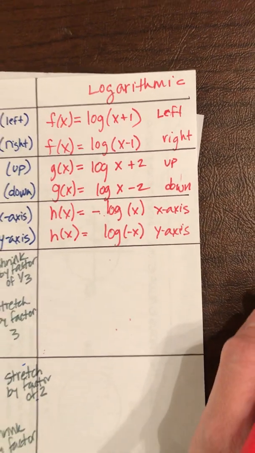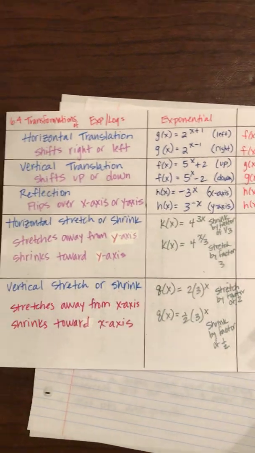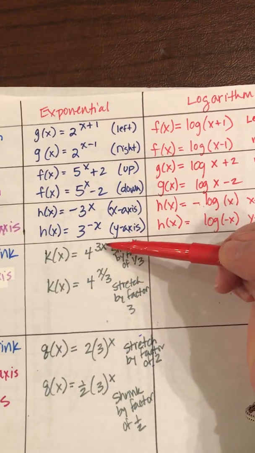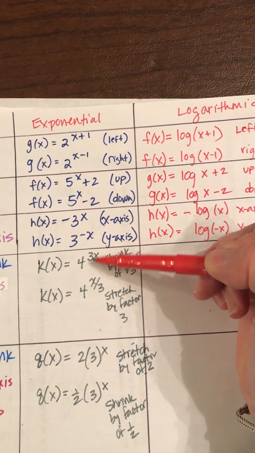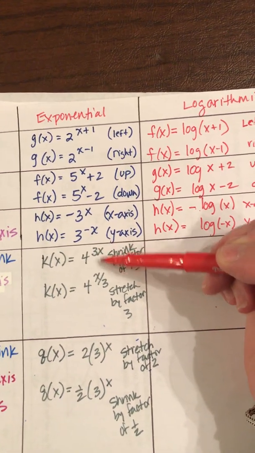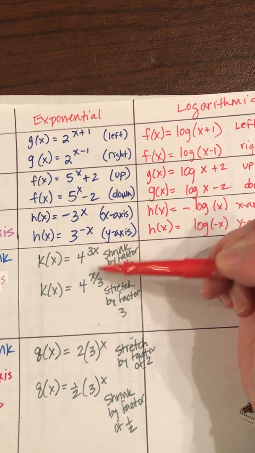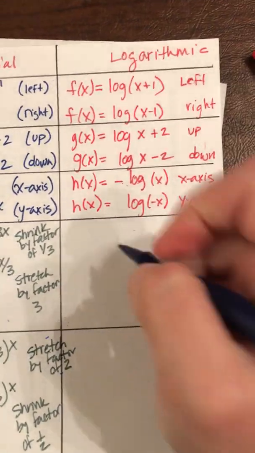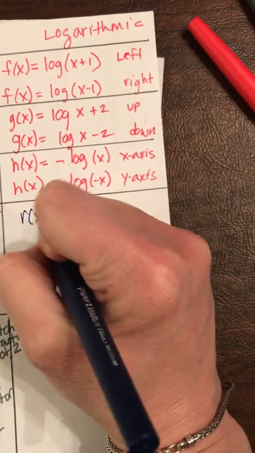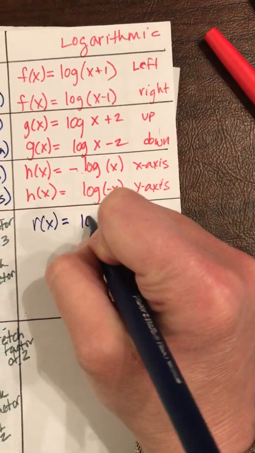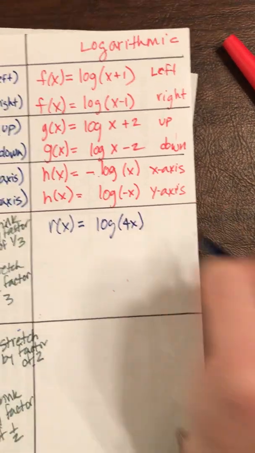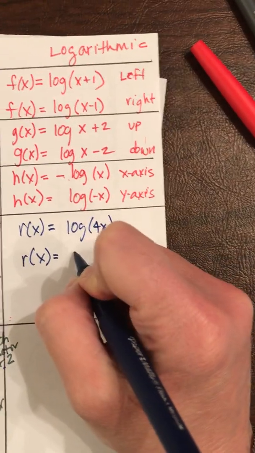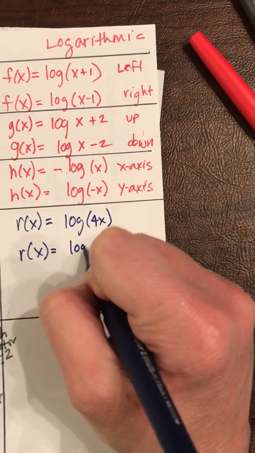So again, two different kinds of reflections, where the negative is out in front or the negative is attached to that x. All right, let's talk about horizontal stretches and shrinks. And just like with exponentials, it has to do with the number that's being multiplied, or in this case divided, by the x. So if I had log of 4x, or if I had log of 1/3 x.